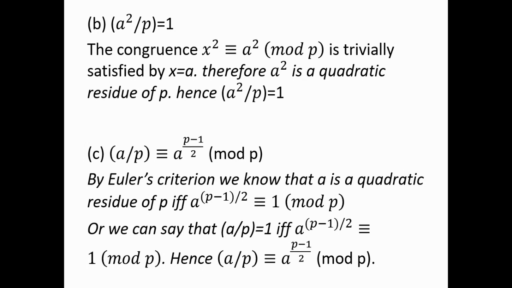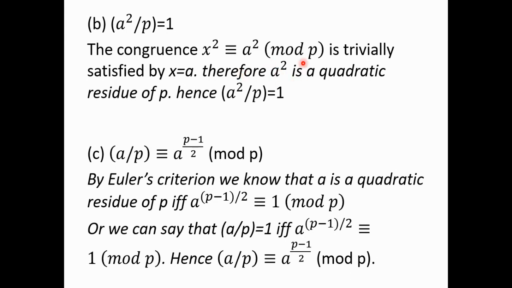Now let us see the second part. Here we have to prove that A square upon P, this Legendre symbol, has value 1. Now let us see this congruence x square congruent to A square modulo P. If this value is 1, that means A square is a quadratic residue of P. The congruence is trivially satisfied by x equal to A. If I substitute x equal to A, then A square is congruent to A square.